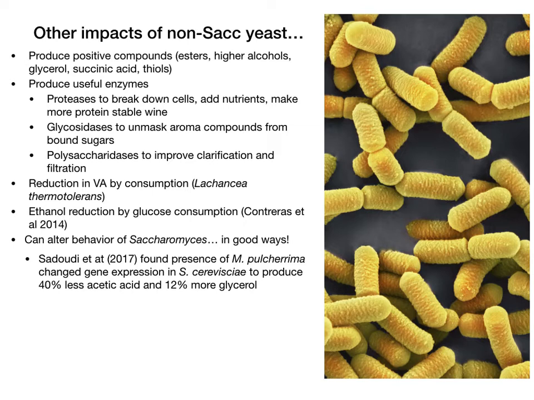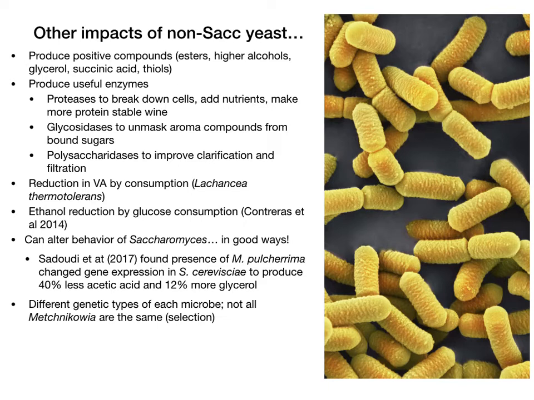At least in one study, it was shown that having Metschnikowia pulcherrima around actually changed the gene expression of the Saccharomyces in that particular inoculation. That change in gene expression meant that the Saccharomyces itself produced less acetic acid and more glycerol. So again, in response to having this non-Saccharomyces yeast around, Saccharomyces was affected in its gene expression and its metabolism.